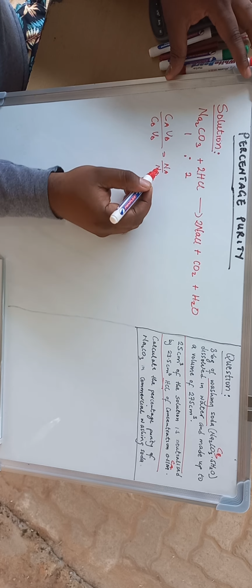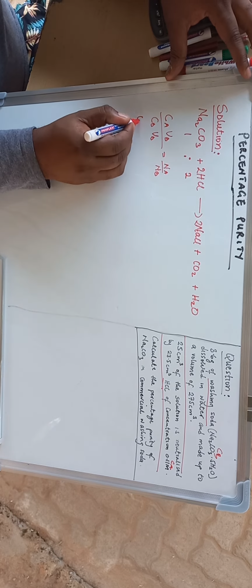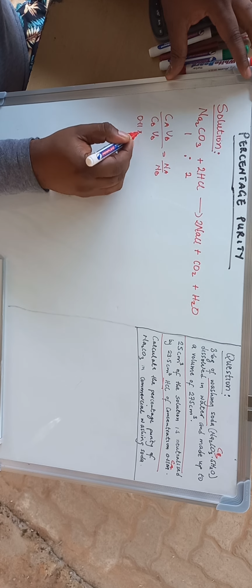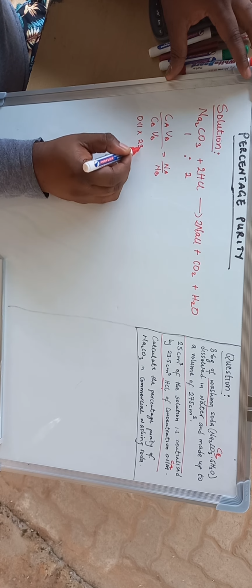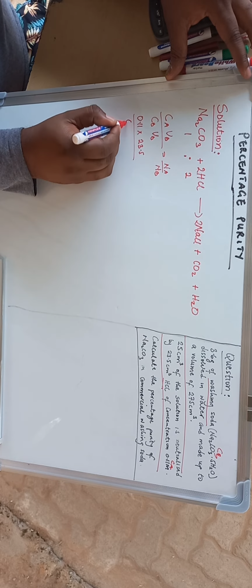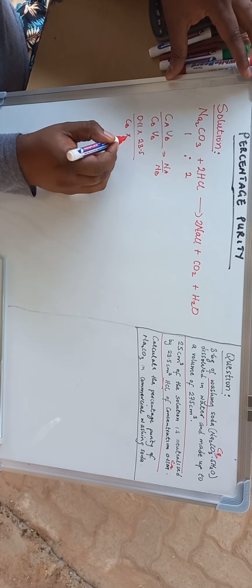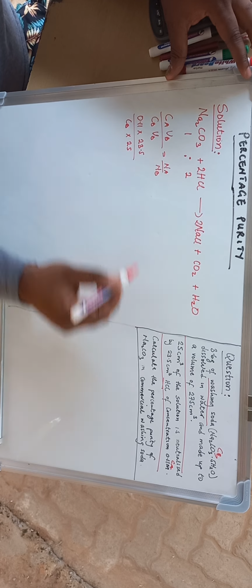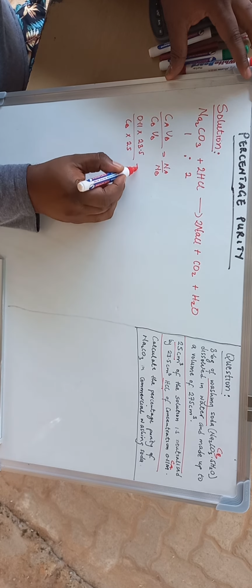If I substitute, you can see I have 0.11 times 23.5 divided by the concentration of the base times 25.